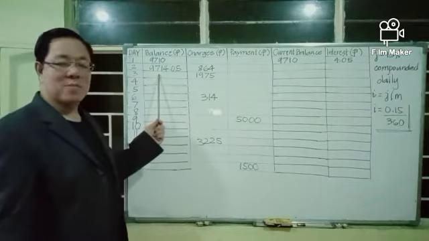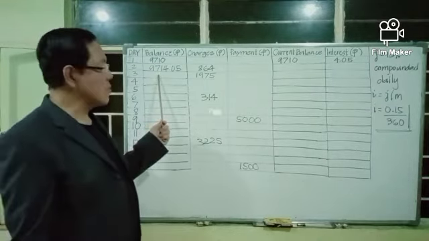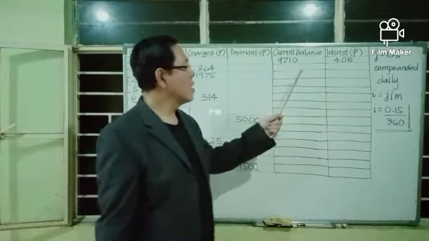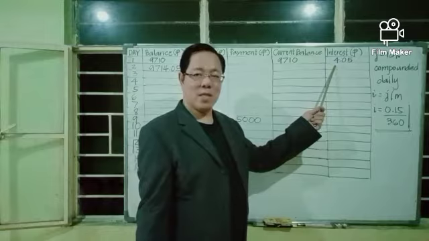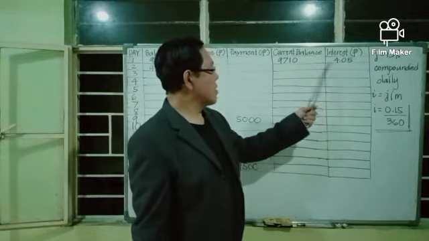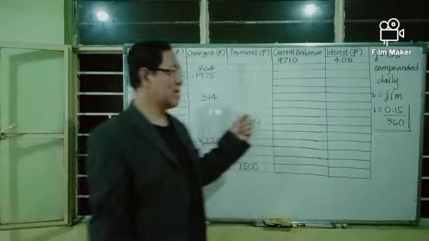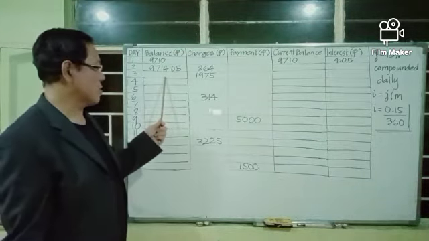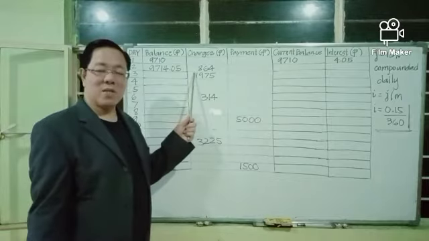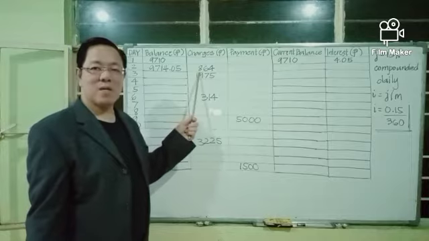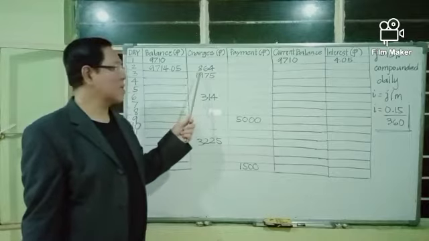Again, the balance at the beginning of the second day of November was obtained by adding the current balance at the end of the first day of November and the interest at the end of November 1. 4.05 plus 9,710 equals 9,714.05 pesos. And Nina made use of her credit card on November 2, and 864 pesos was charged on her credit card.